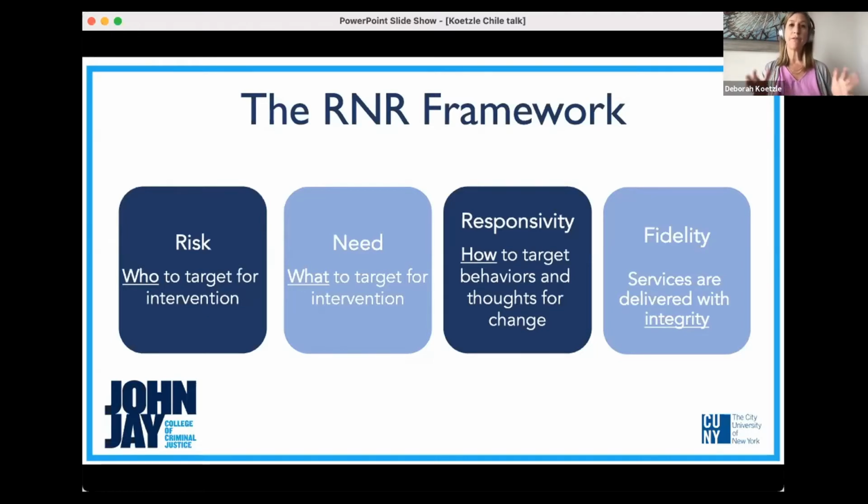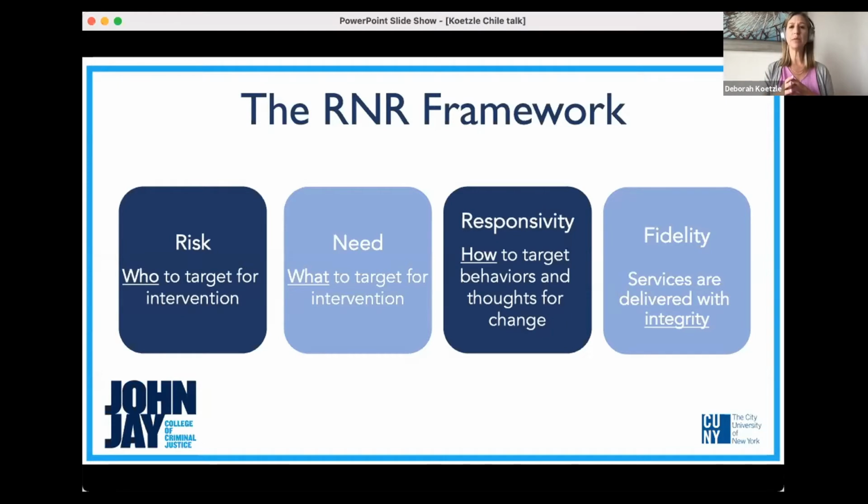So we're going to talk about 4 principles specifically. To be honest, I think there are about 18 principles, depending on how you count, but I want to talk about these 4 primary ideas. The risk principle has implications for who we target for interventions. The need principle has implications for the type of treatment targets, the behaviors that we're focusing on.